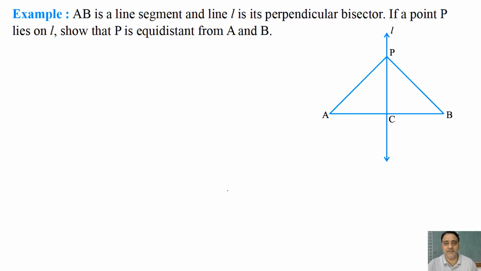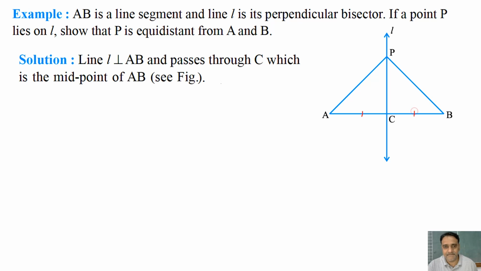AB is a line segment and the line L is its perpendicular bisector. If a point P lies on L, show that P is equidistant from A and B. So P is equidistant from A and B means we have to show these two sides are equal. So for that we have to show that these two triangles are congruent. Let us start. L is the perpendicular bisector, so AC will be equal to BC, right? Yes, sir.